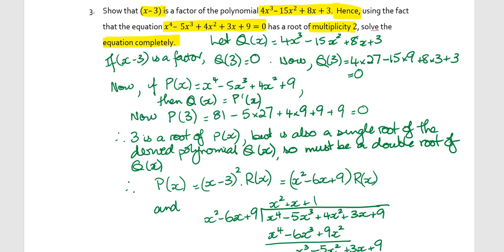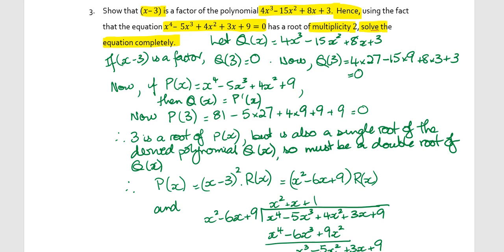Given that this equation has a root of multiplicity 2, we have a factor which is squared. We know that the derived polynomial of this will have that same factor turn up once, and when you look at this and this, you can see that this is actually the derived polynomial. And then to solve the equation completely means to find the roots.